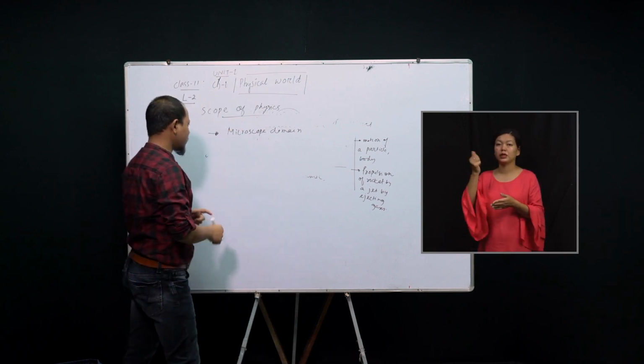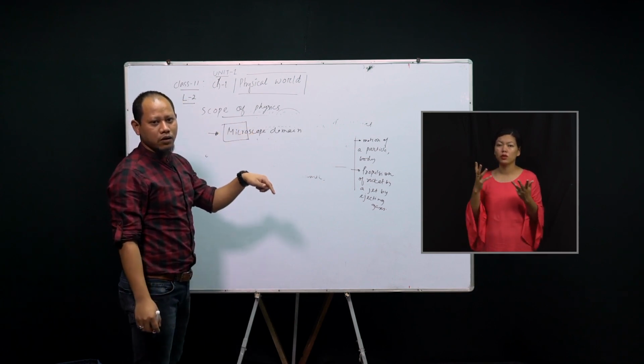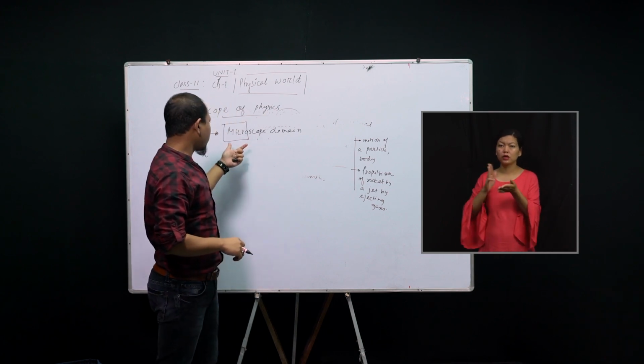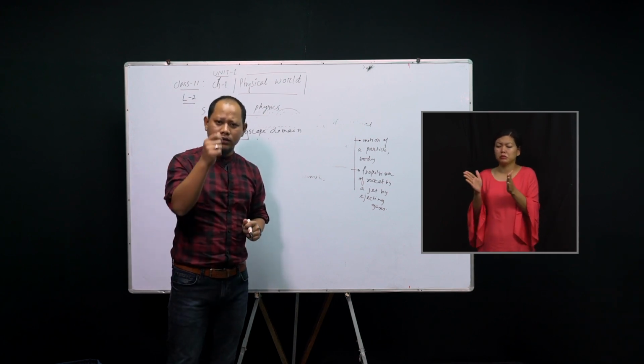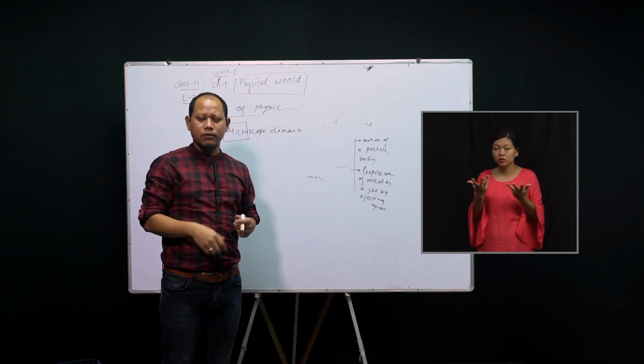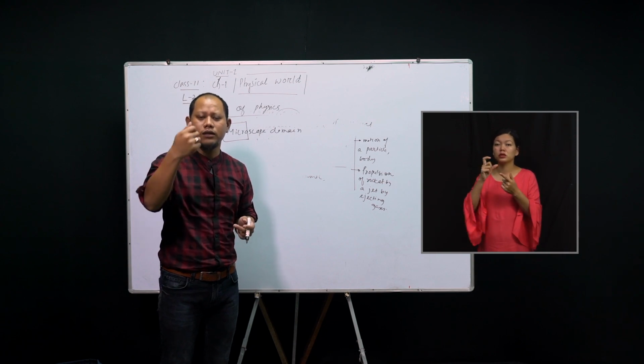As the name suggests, micro is the opposite of macro. Micro means small, very small. In the microscopic domain, we are going to discuss atomic and subatomic particles, what is inside the atom: electrons, protons, neutrons, what is inside the nucleus.